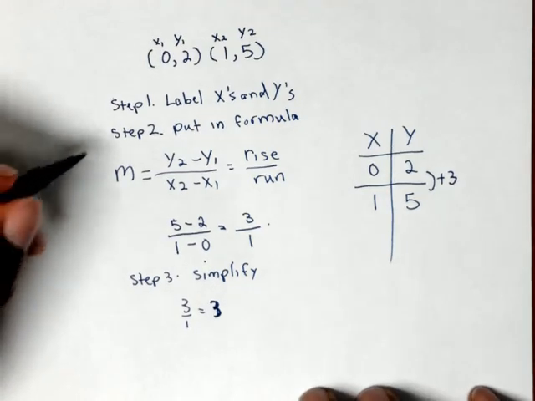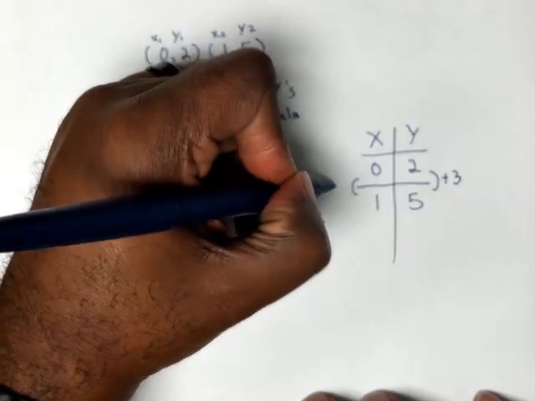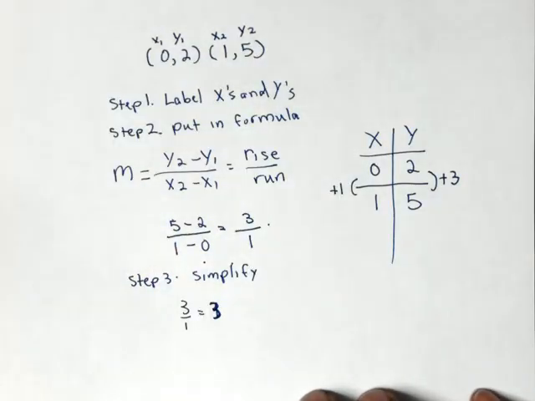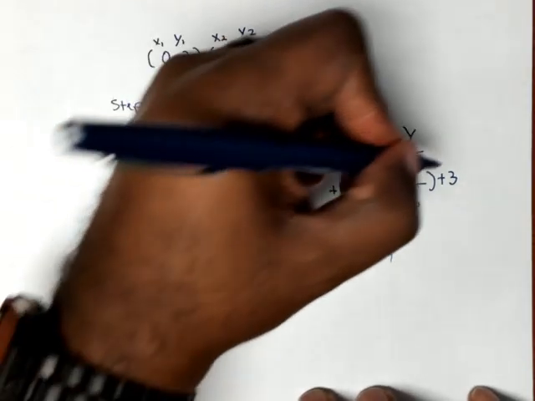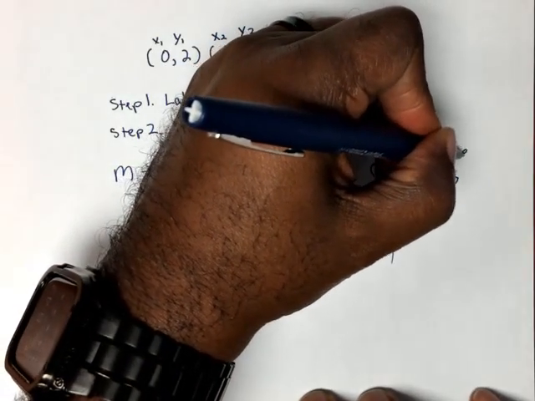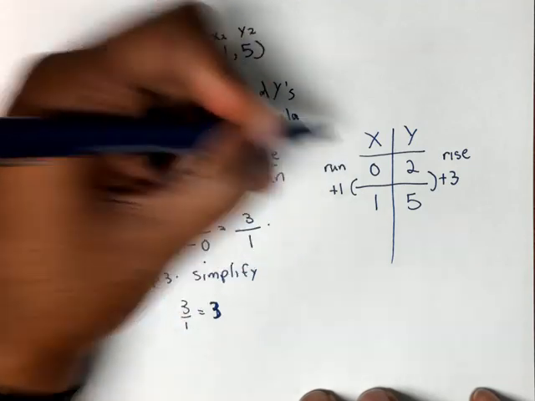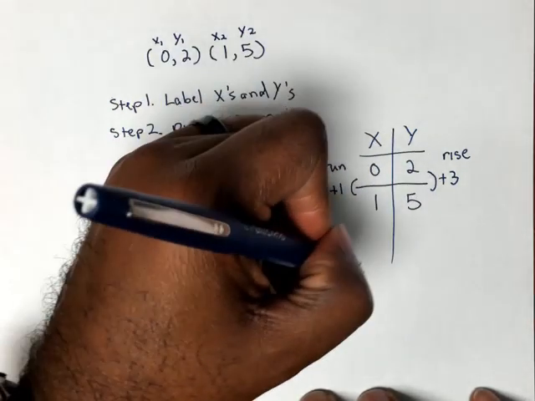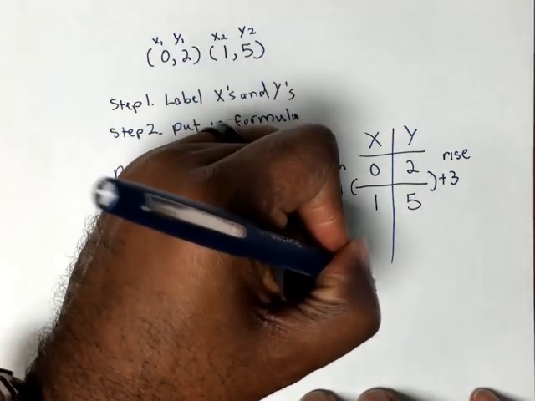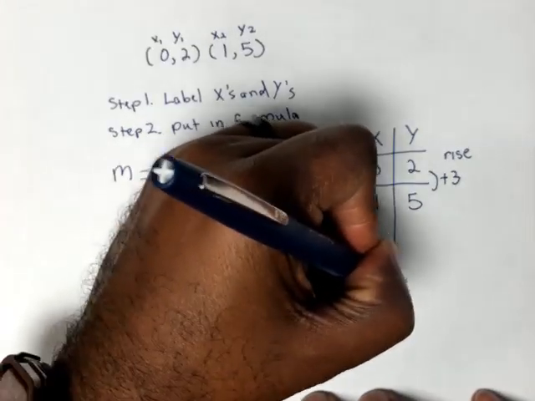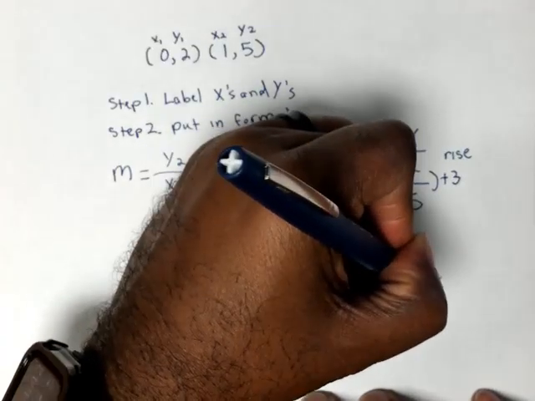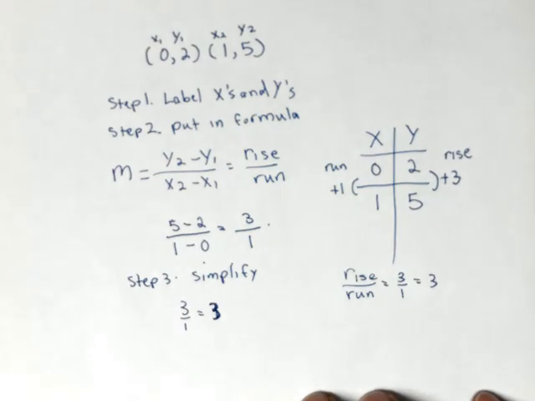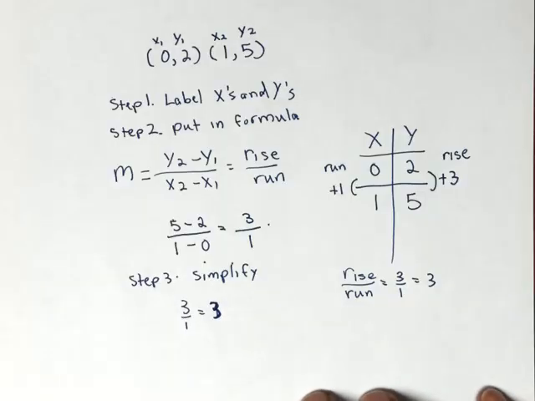How much does it take for me to go from 0 to 1? That's a plus 1. Then we find our rise and place that over our run: rise over run is equal to 3 over 1, or just 3. Both of these look different, but the process is the same. We still arrive at the same result.